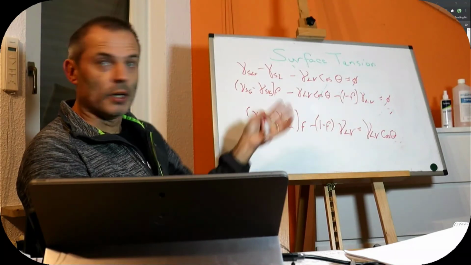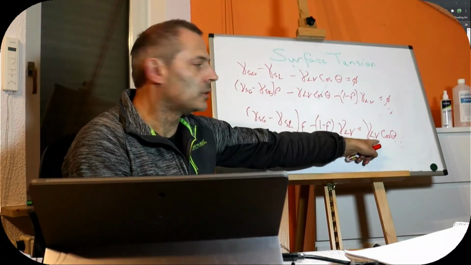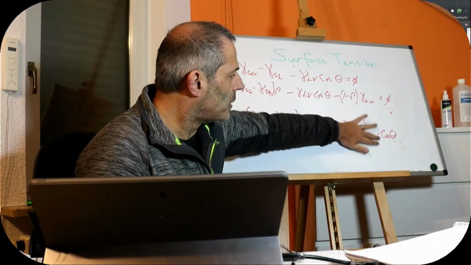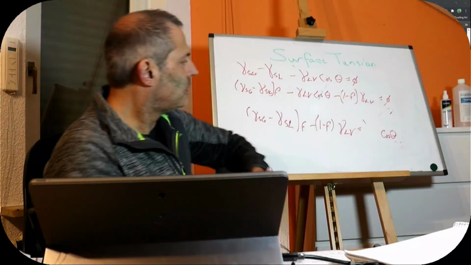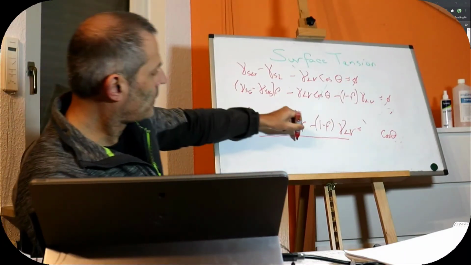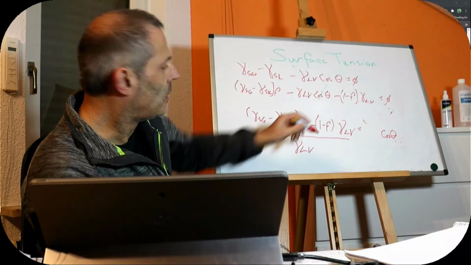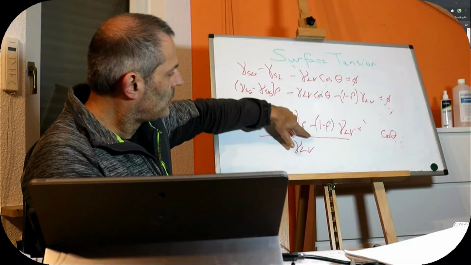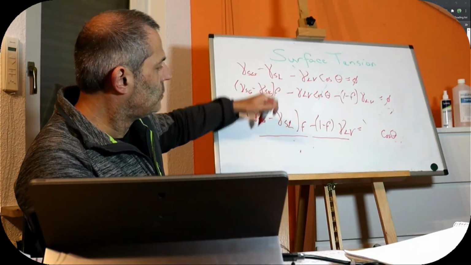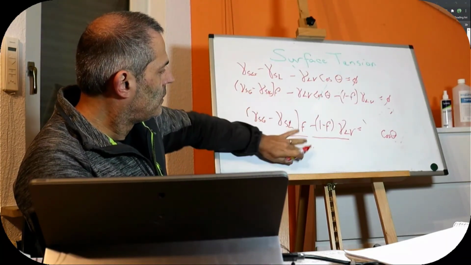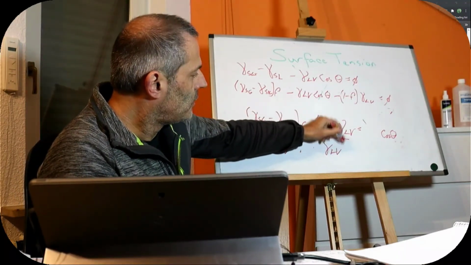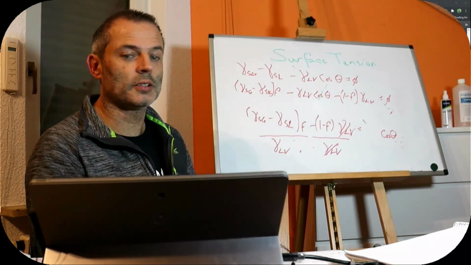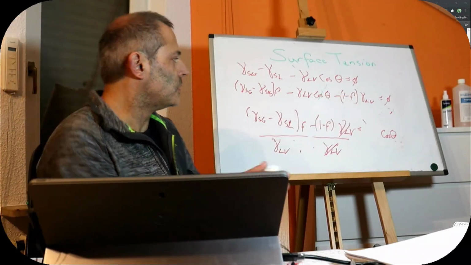Then, if we rearrange it, we can put the cosine theta on the other side, like we did before, and divide by gamma LV to get this all neat, to have the same form. Then we can simplify, since these two gamma LV terms cancel, which makes it nice, so we can get rid of these terms here.